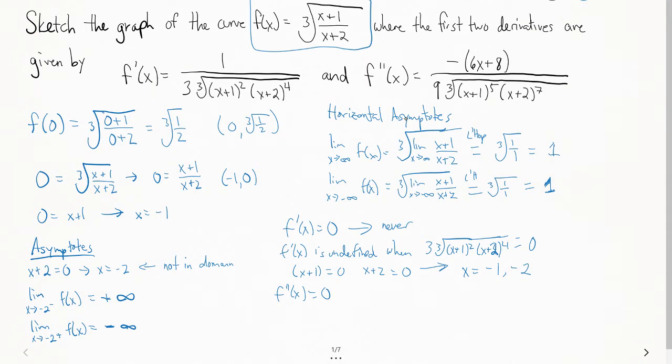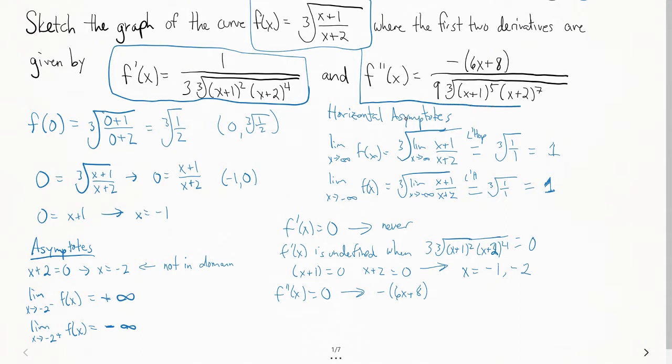So let's look at that second derivative. It equals 0 when negative 6x plus 8, so when the numerator of that second derivative equals 0. Notice what we're working with for the derivatives. The first derivative was given to us right here, so sometimes you might have to work it out and simplify it. Just depends upon the function given. But in this case, we have that already.